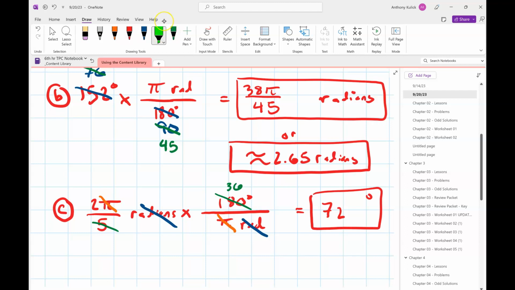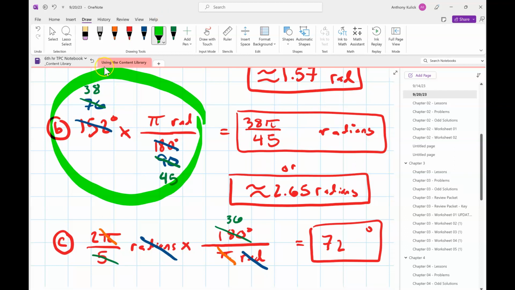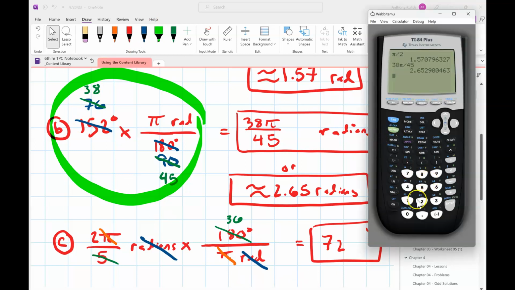Why couldn't we do that back here? Because of the pi. But you know what we could do, if we did 152 and then we dropped the pi and just wrote divide by 180 and then pressed the math button and chose the fraction command and pressed enter, that'll give us the reduced fraction.